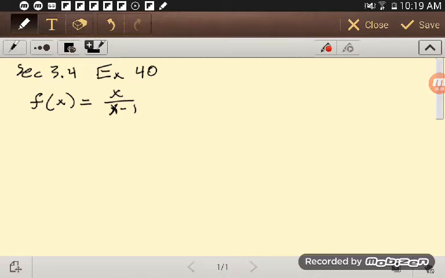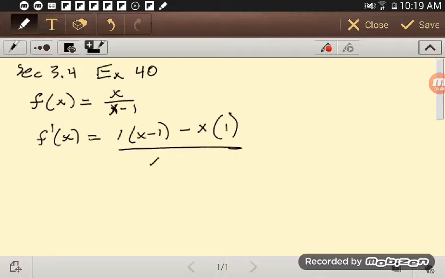Again, we take the derivative and find our critical points, our critical numbers. The derivative looks like a quotient rule: the derivative of the top is 1 times x minus 1, minus x times the derivative of the bottom, over x minus 1 squared.